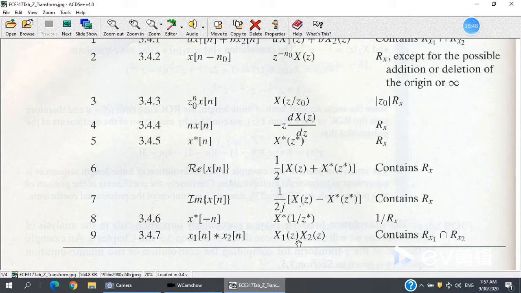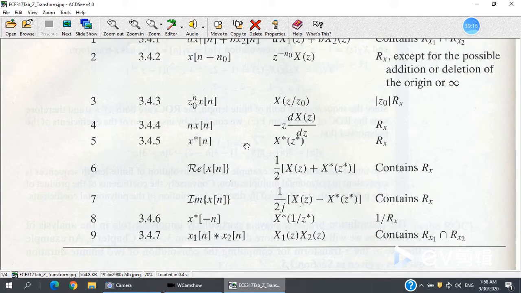Going back to the time domain, there will be a convolution of x1 and x2. So this is a very important feature. For Fourier transform, we have a similar thing. Now for the z transform, we still have this kind of feature. This is a nice one.